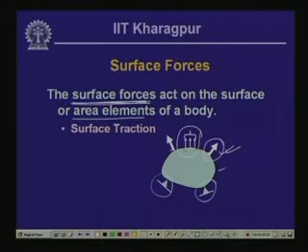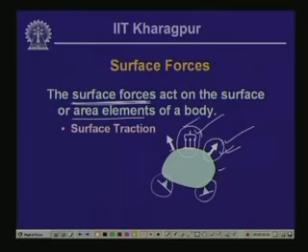It could be distributed also over some area, like in this particular case, where it is distributed on the surface area of this particular element, and these we call the distributed force system. So, a body on its surface could be subjected to either a concentrated force or a distributed force.